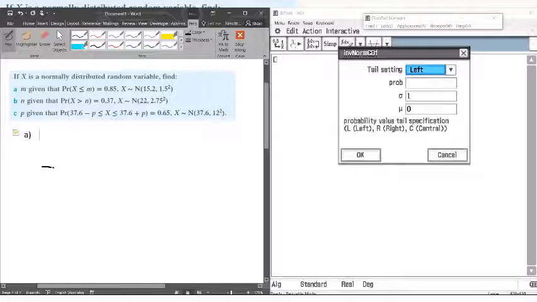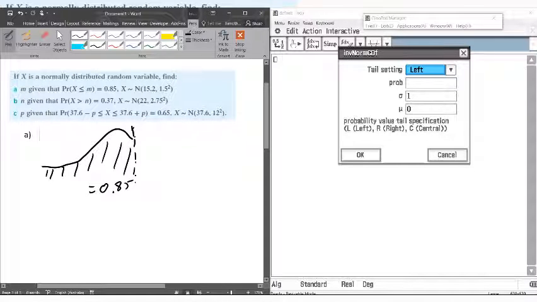We want the left side, so that goes up, and then it will stop at a certain point where this whole area underneath will be equal to 0.85. Because of that, we need to set the tail end to the left. Our probability is 0.85.